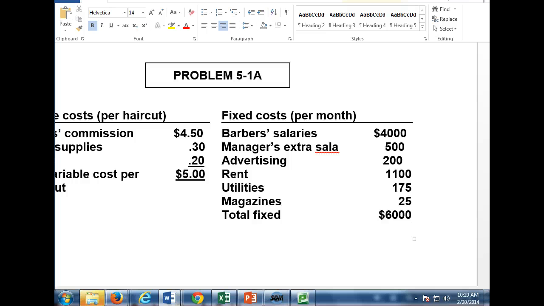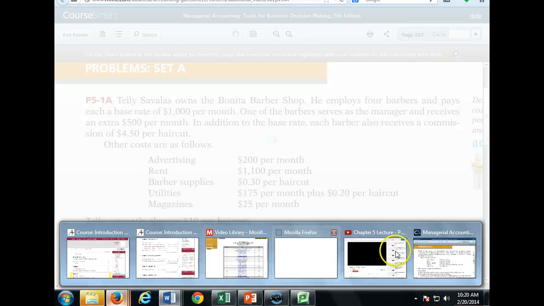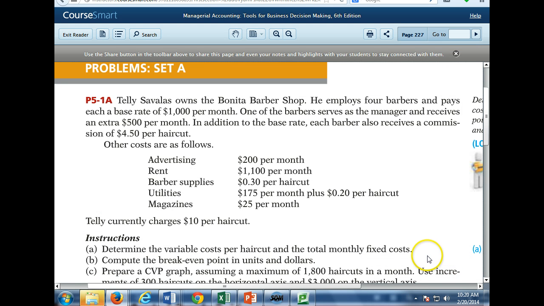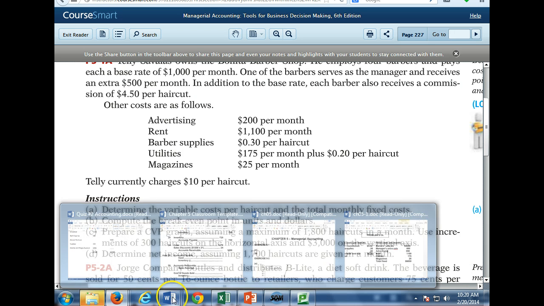So now we need to still move on and figure out what is the first problem we need to do? I think we did it. The first portion asked us to determine the variable cost per haircut and the fixed monthly cost. We did that. Now they want us to compute the break-even point in dollars and in units.